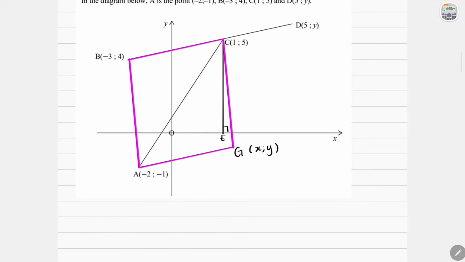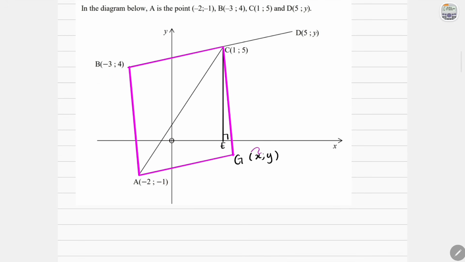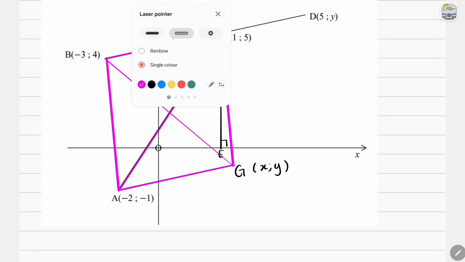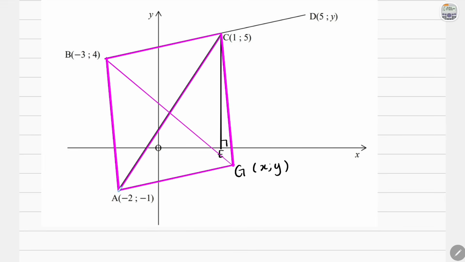So what we can do here is use what we know about parallelograms, and that is about their diagonals. If this shape is indeed a parallelogram, its diagonals will bisect each other. For the diagonals to bisect each other, it just means that this diagonal, AC, is cutting this diagonal BG in half, and it makes this part equal to this part.